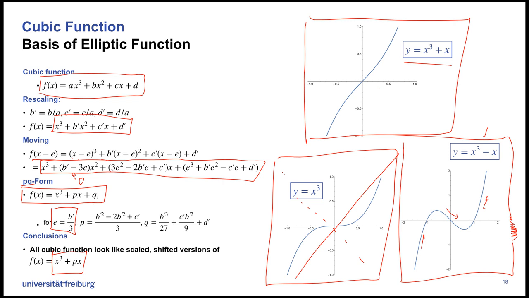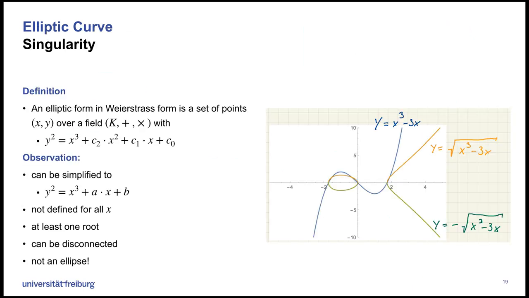Now what we do next is compute the square root of that. So an elliptic curve in Weierstrass form is a curve which has this property: y squared is equal to x to the 3rd power plus c2 times x squared plus c1 times x plus c0.